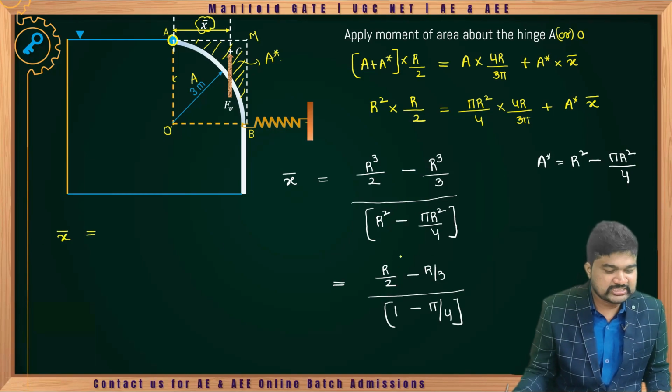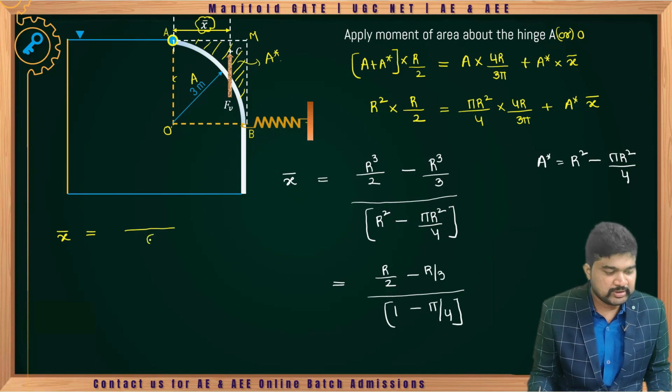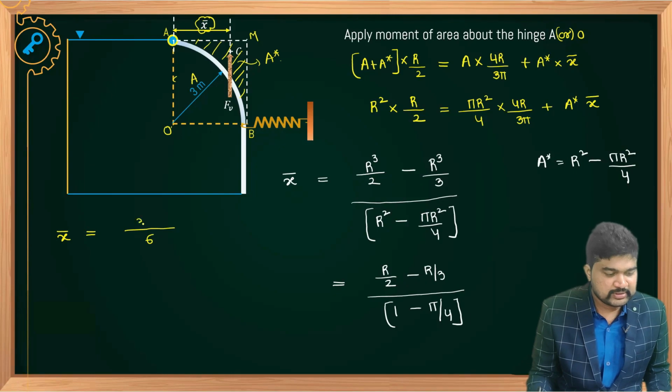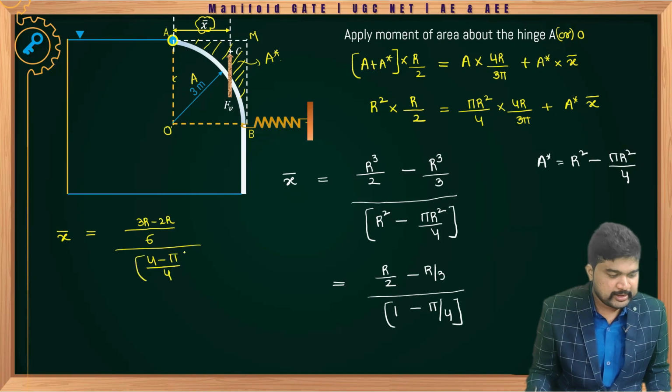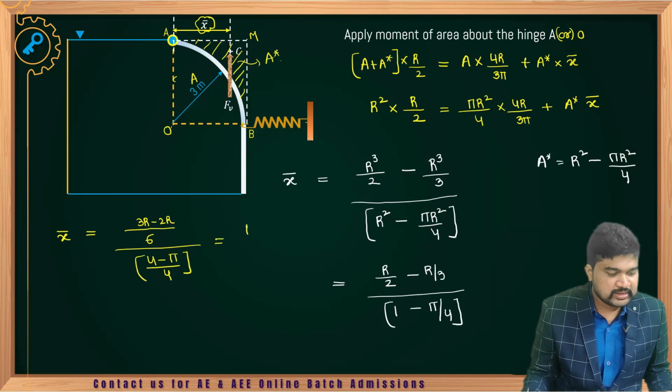X bar is equivalent to, so here you will be getting 6. So 3R minus 2R, divided by 4 minus pi by 4. So finally what will you get?